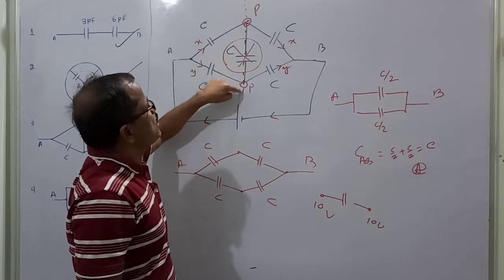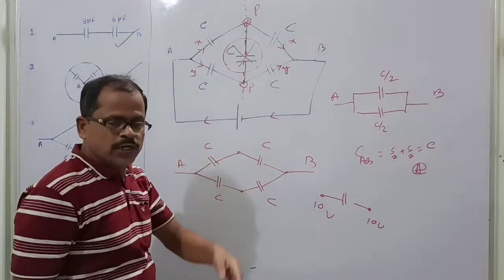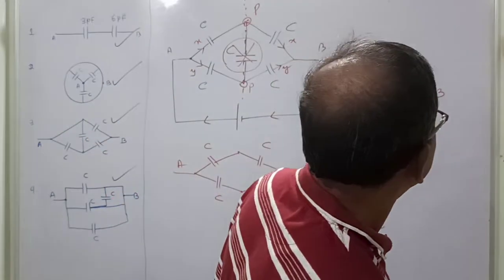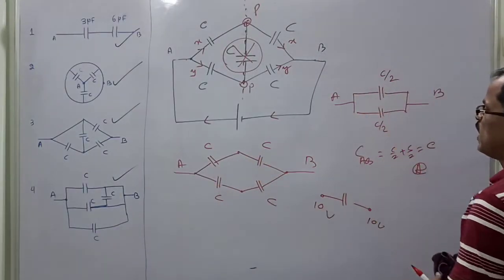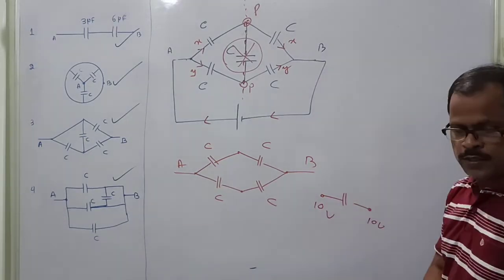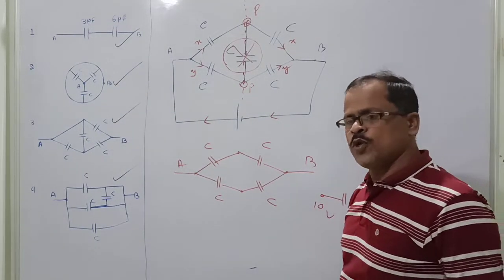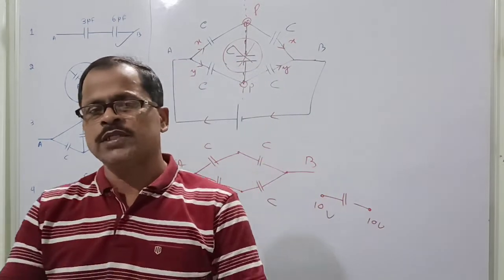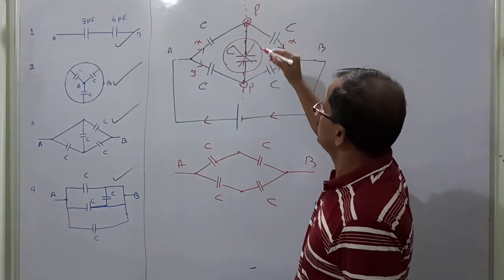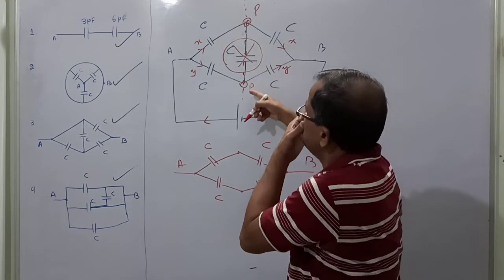If these two points are of the same potential, what to do? Another method you can use to solve. This method is over, I have already explained. Another way you can also see. Because so many problems are there, either this one or that one, you have to apply. That's why if this point is P and this point is P, they are found to be the same potential.